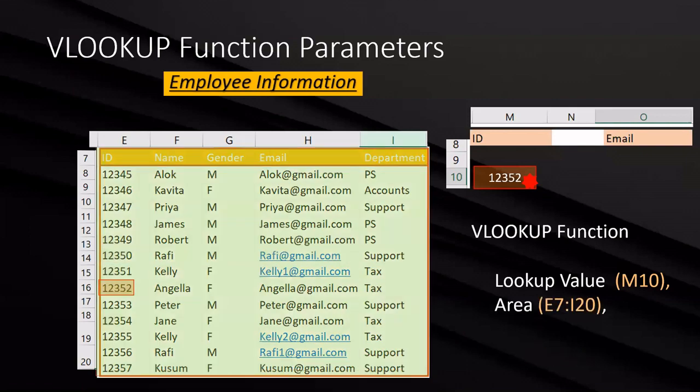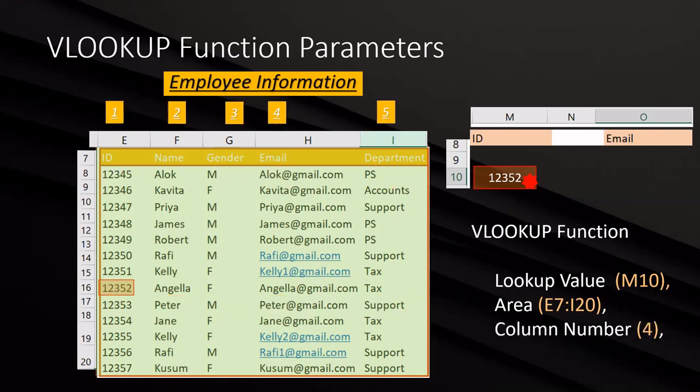The next parameter is the area or range where we have to search for the lookup value plus the result. It's very important that the first column of the range matches the lookup value. Next, we go to the column number. The column number 4 is the email address.